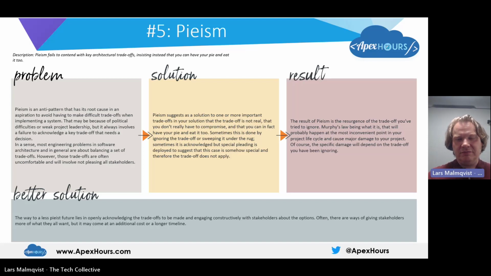Sometimes this is done more or less intentionally, and sometimes it's just the compromise that emerges from not being able to find a solution. But the negative consequences from going down this road are quite substantial, right? Not making a trade-off doesn't make it go away.